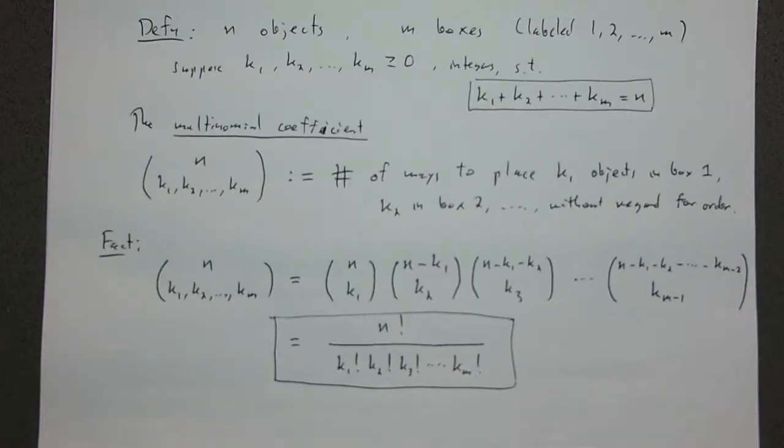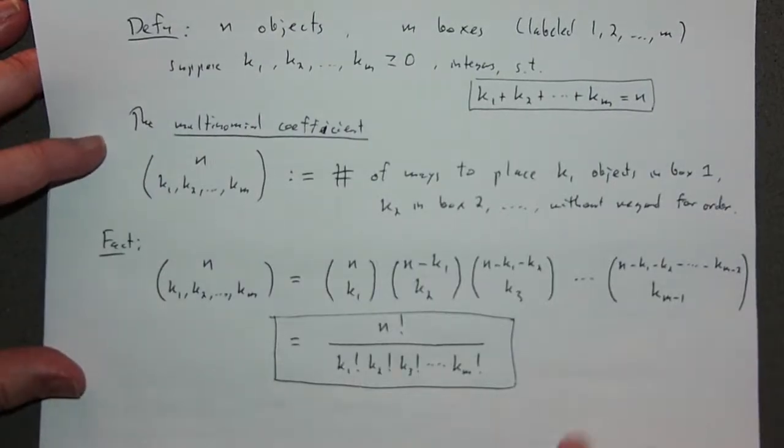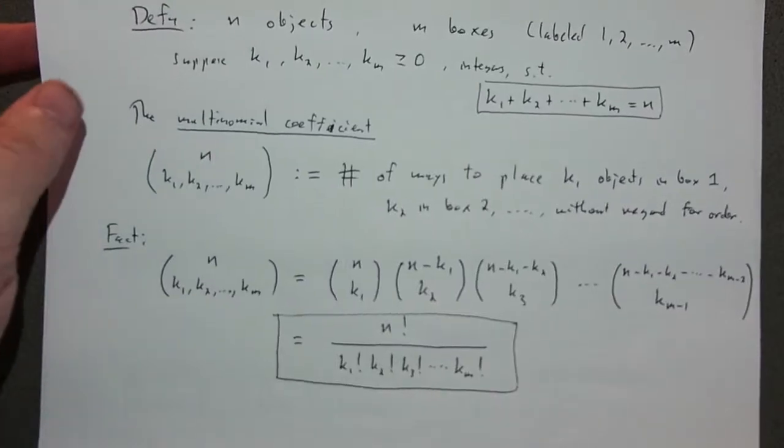We just know that it's a finite sum. So I want to state a few consequences, or rather results or identities involving these in analogy to what we did in the binomial case.